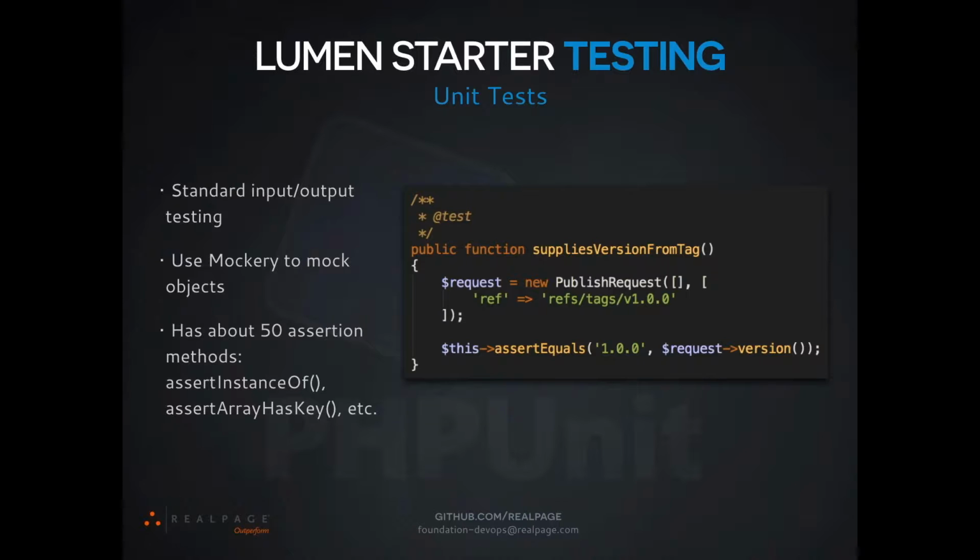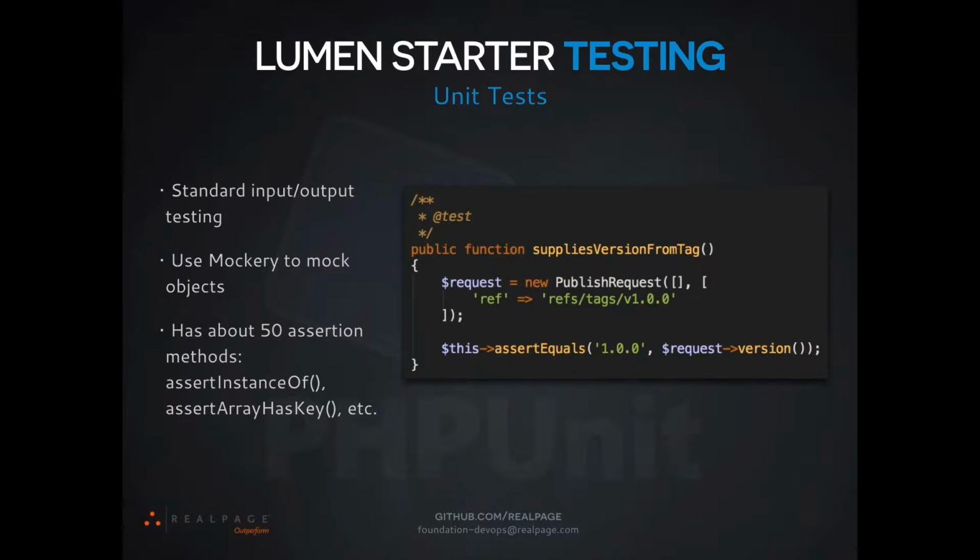So in this test case, the actual assertion is performed by this assertEquals, and PHPUnit has probably about 50 different types of assertion methods that do different things.